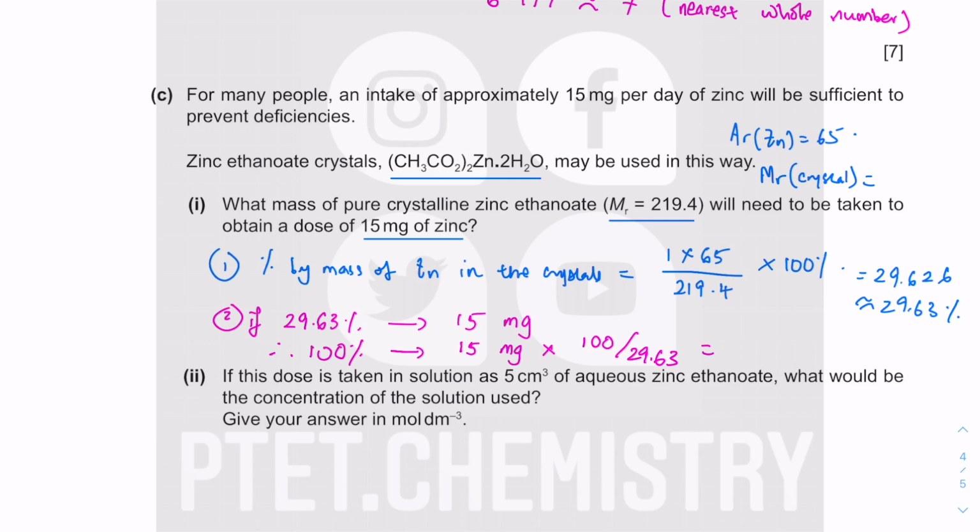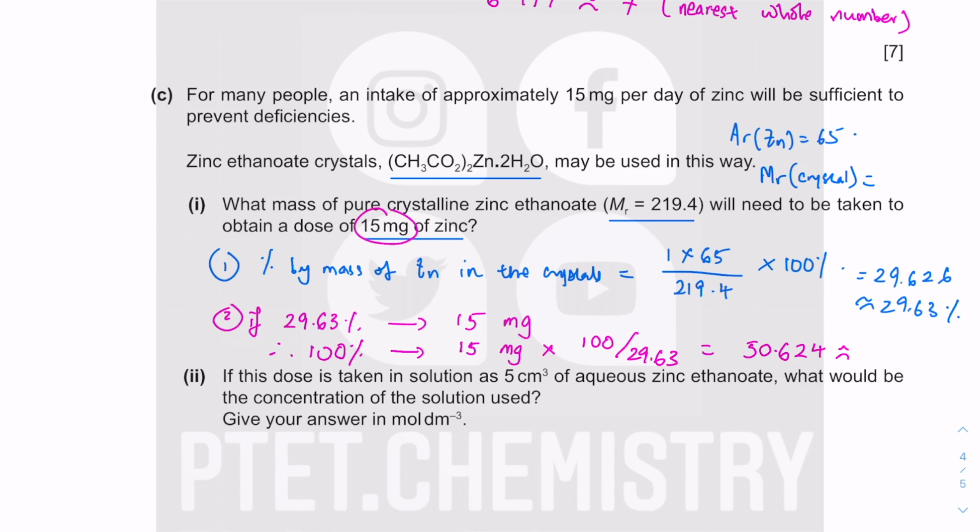So 15 times 100 divided by 29.63, you need, give or take, around 50.624.